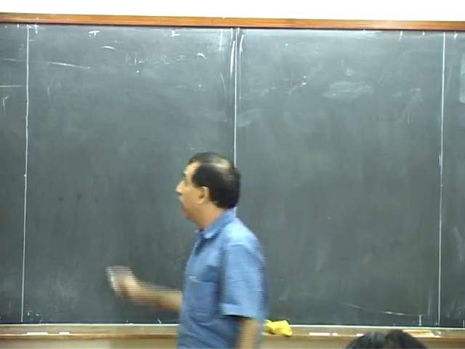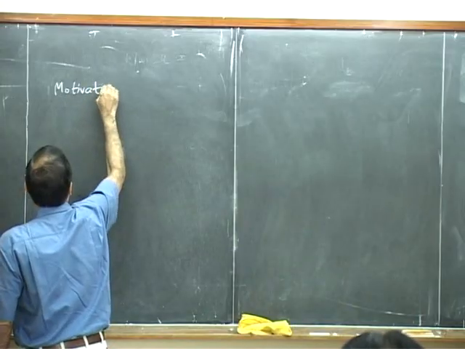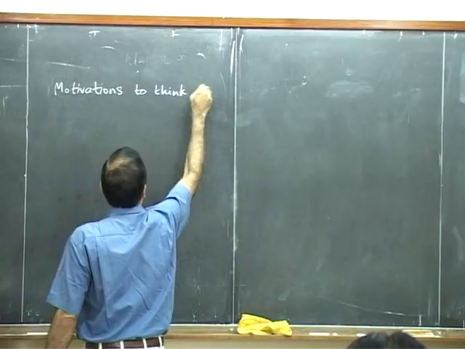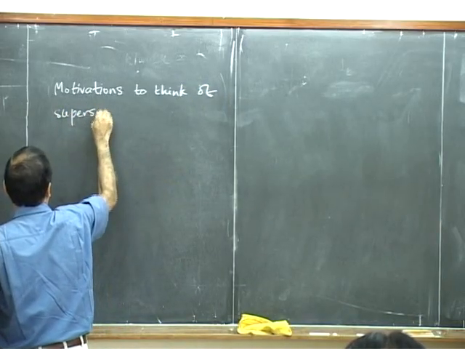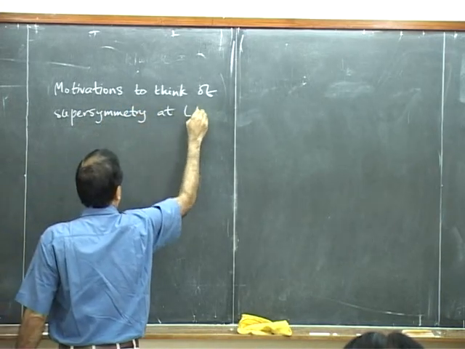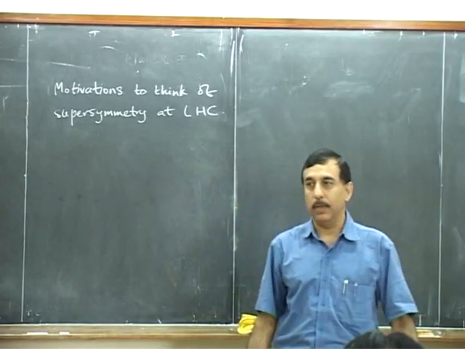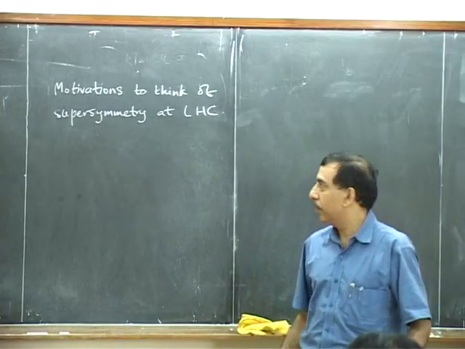And so the first thing I want to discuss here, but only for a short time, is motivations to think of supersymmetry at LHC, because after all, this course is supposedly LHC for string theorists, and I have to even explain to you why such a course with such a title is about supersymmetry at all.